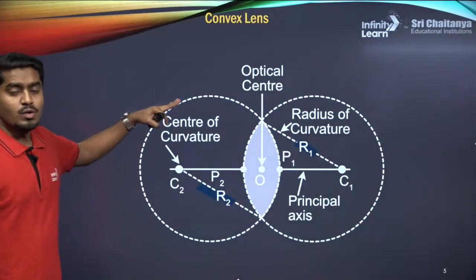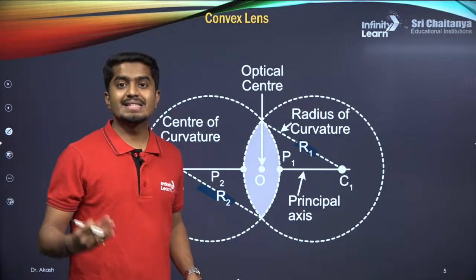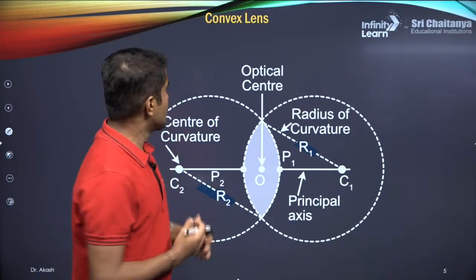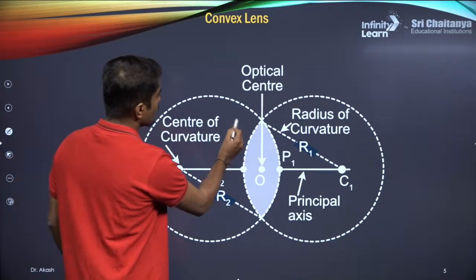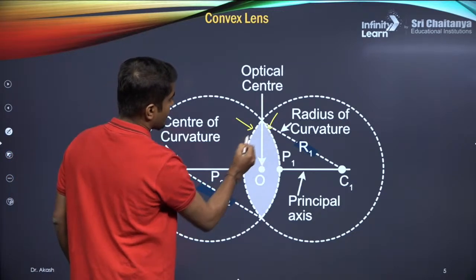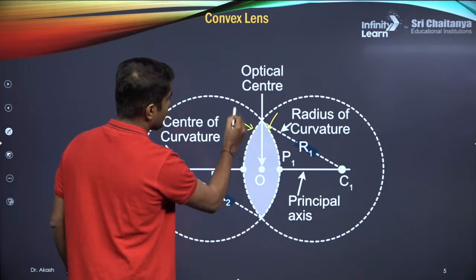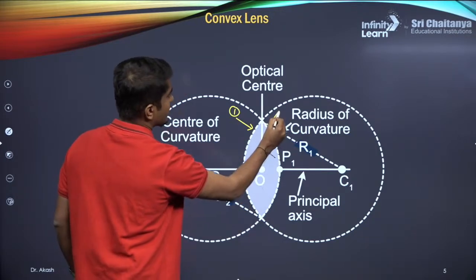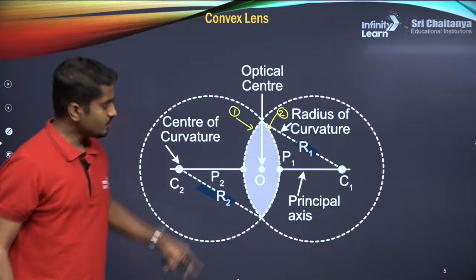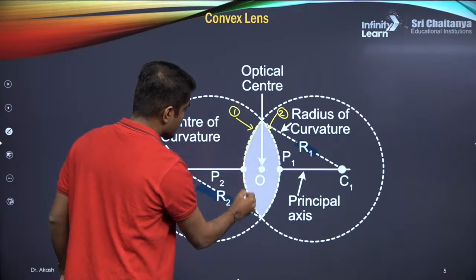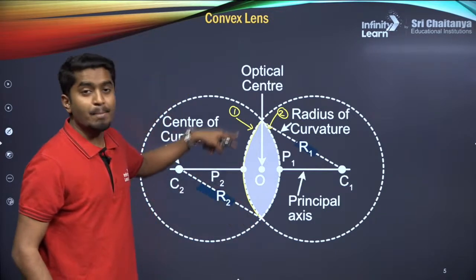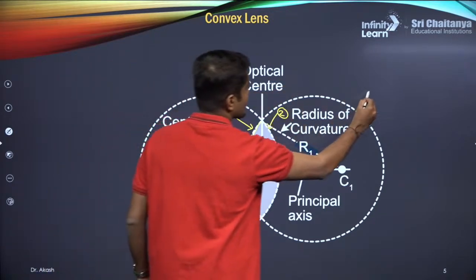Now let's understand why these lenses are called spherical. What is special about them? You see, these are the two surfaces: surface number 1 and surface number 2. This surface 1 is a part of this sphere.